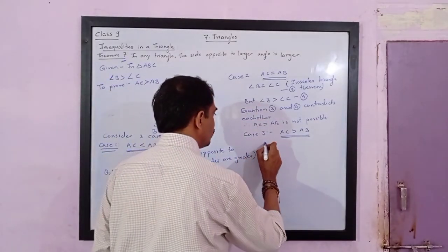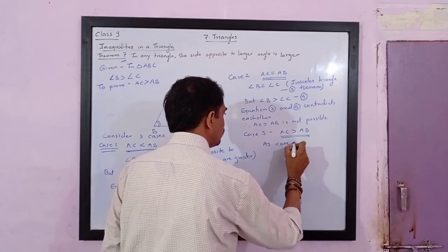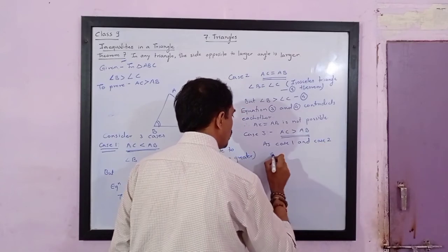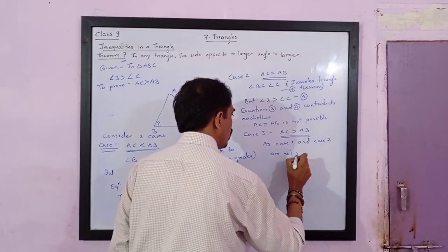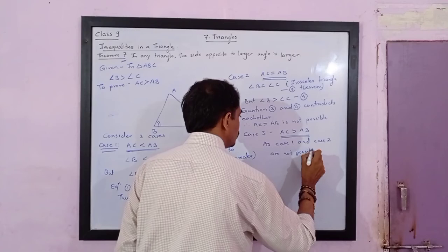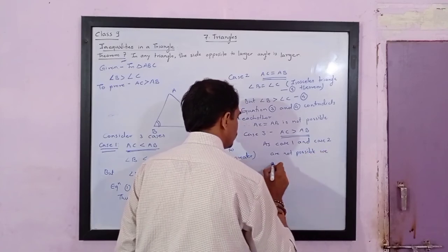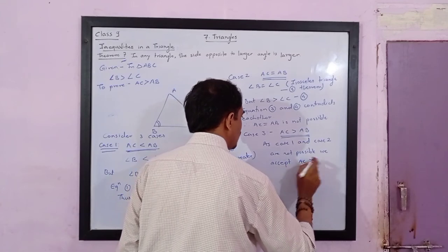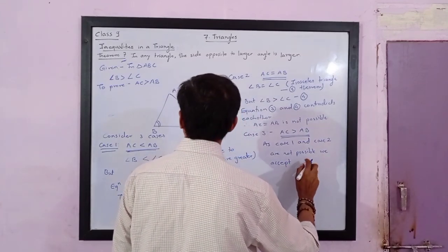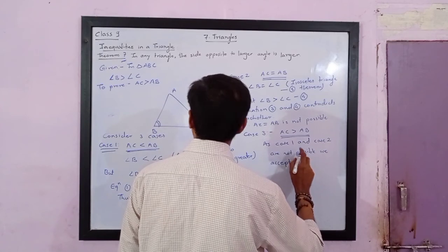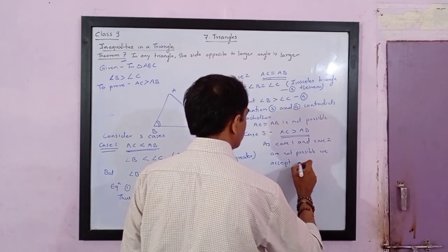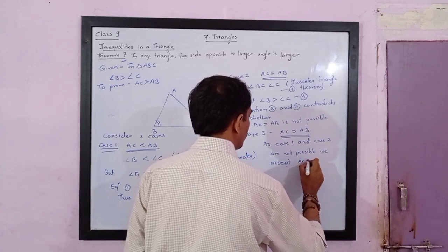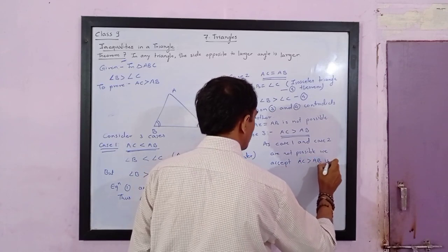So as case 1 and case 2 are not possible, we accept AC is greater than AB. AC is greater than AB is true.